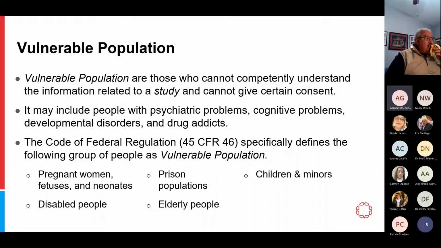It may include people with psychiatric problems, cognitive or developmental disorders, and drug addicts. The Code of Federal Regulations specifically defines the following groups as vulnerable: pregnant women, fetuses, and neonates, disabled people, prison population, elderly people, and children and minors.